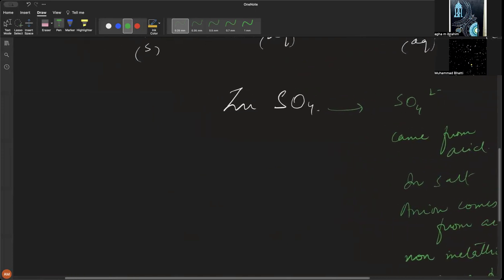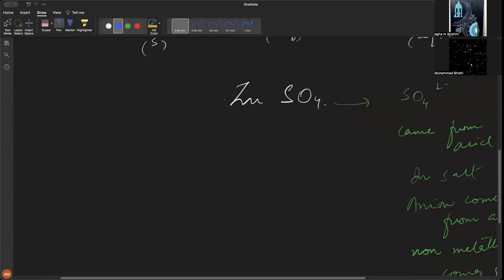Now, on the other hand, we have zinc. And always keep this in mind: the cation in a salt, or you can say the metallic ion, is always from the base.